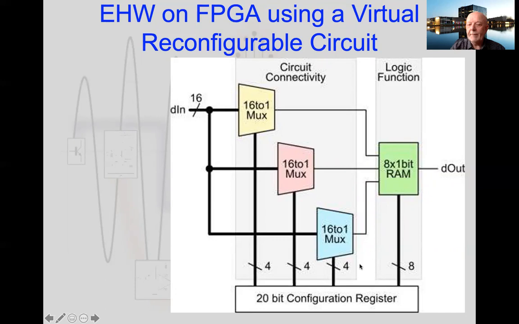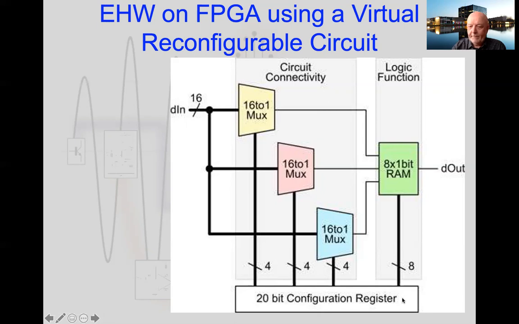Okay. And in this particular one, and this is a kind of random size, we've chosen that there are 4 bits to control each multiplexer, and we've got an 8-bit RAM on there. Okay, so if you add those up, this reconfigurable circuit or cell actually has a 20-bit reconfigurable register.